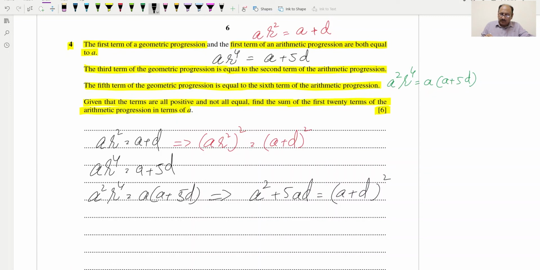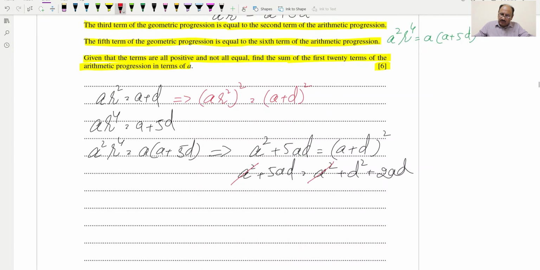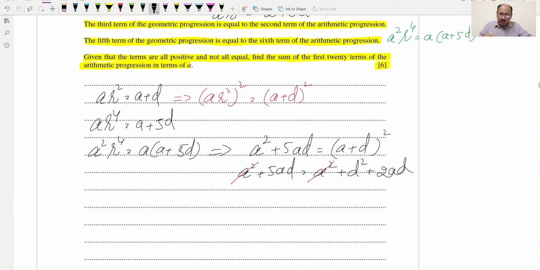Now we can open this square, and this will be a square plus 5ad is equal to a square plus d square plus 2ad, and now we can cancel a square on both sides, and we can send this to other side and write d square plus 2ad minus 5ad is equal to 0.